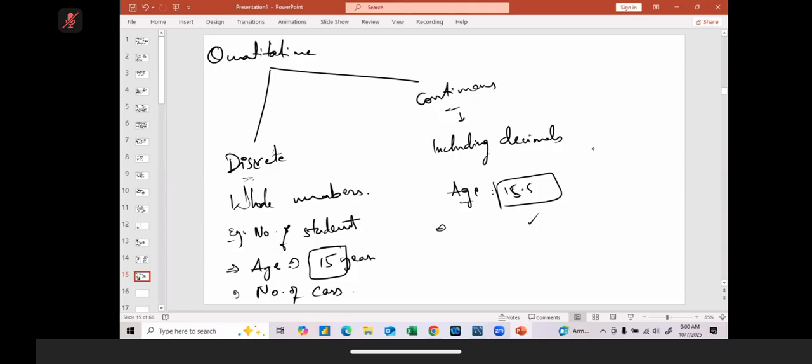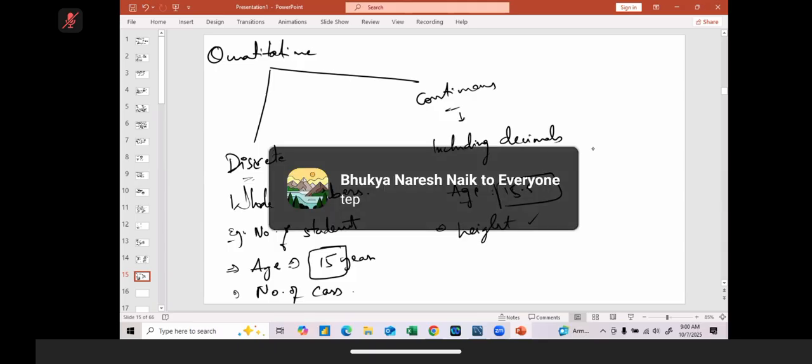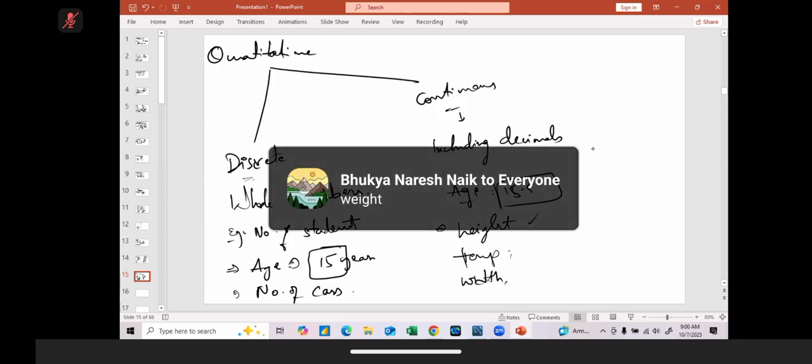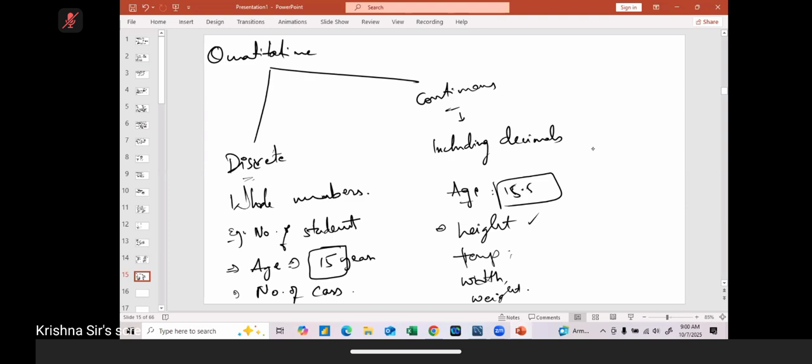Examples for continuous: height, temperature, width, weight. Next, number of bank accounts.